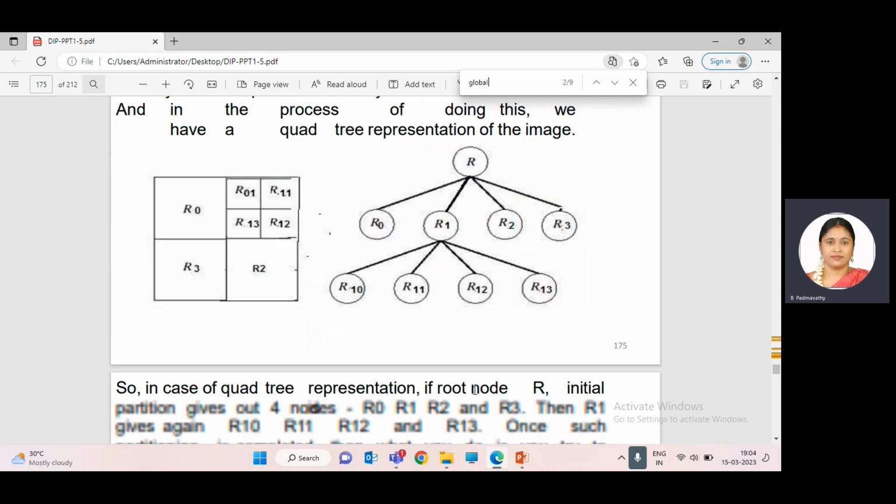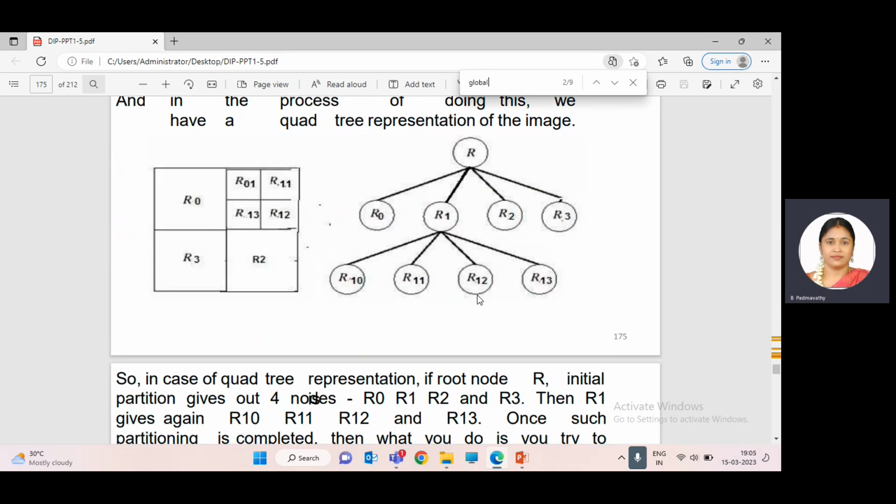And again, if I want to split, for example, R12, then it is divided into R120, R121, R122 and R123. So likewise, the splitting process goes on.